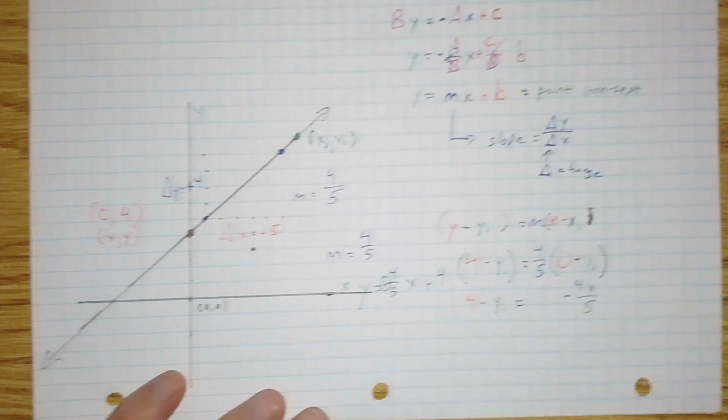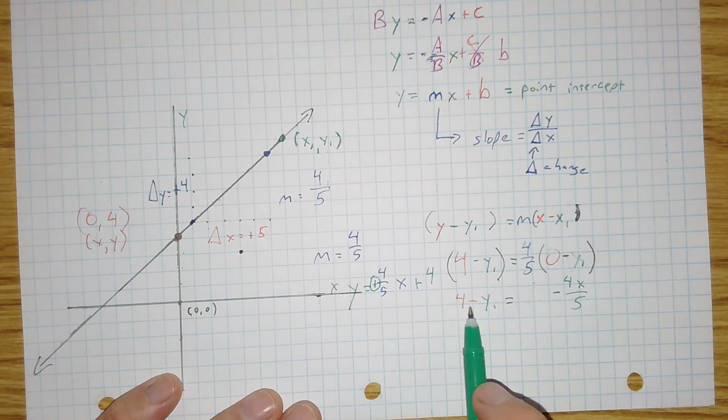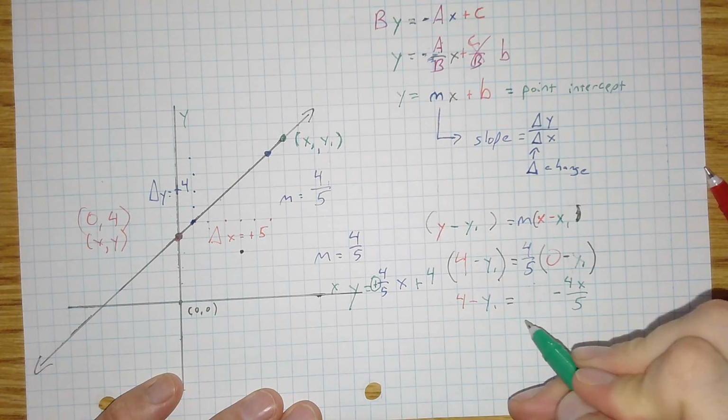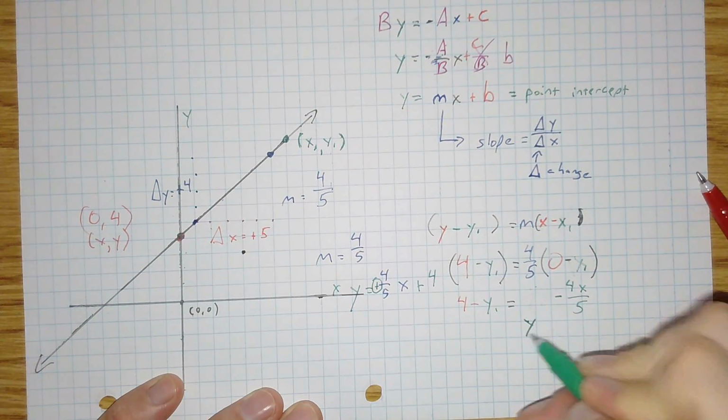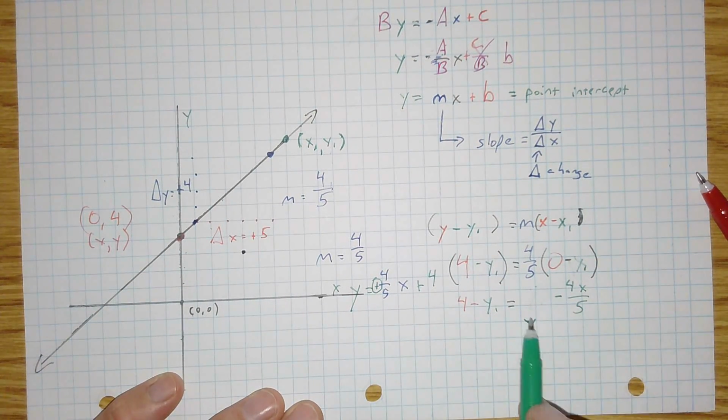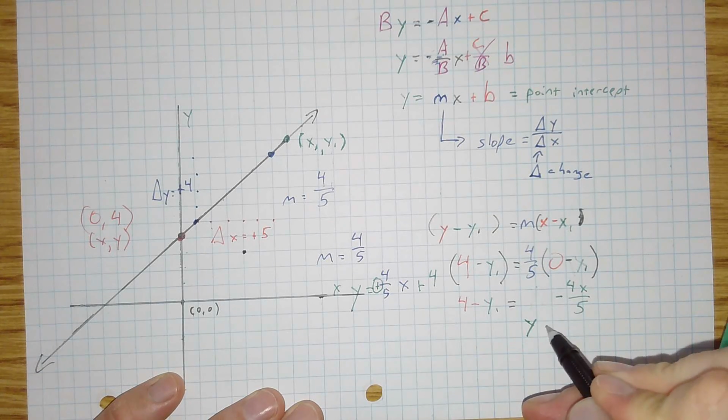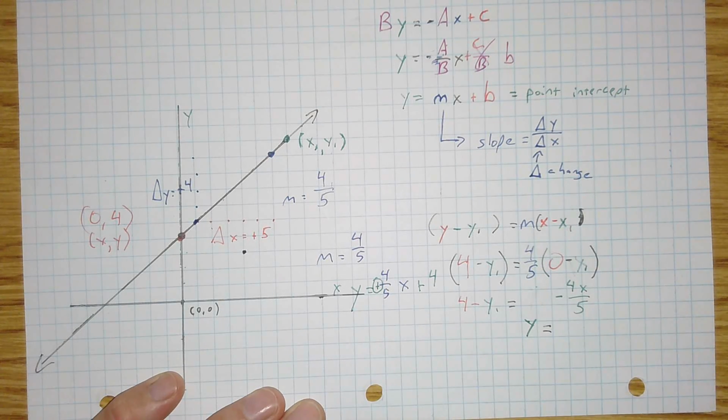Okay, so now I can move this y. I'm actually going to move this y over to here, so it's a negative y, and I'm going to move this negative 4x over 5 to say equals.